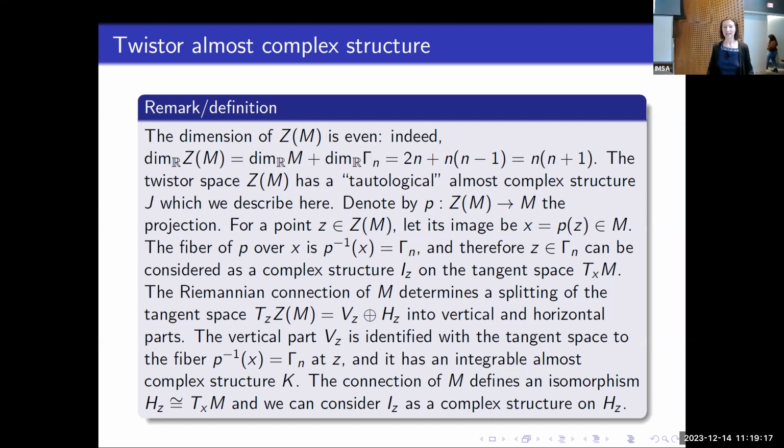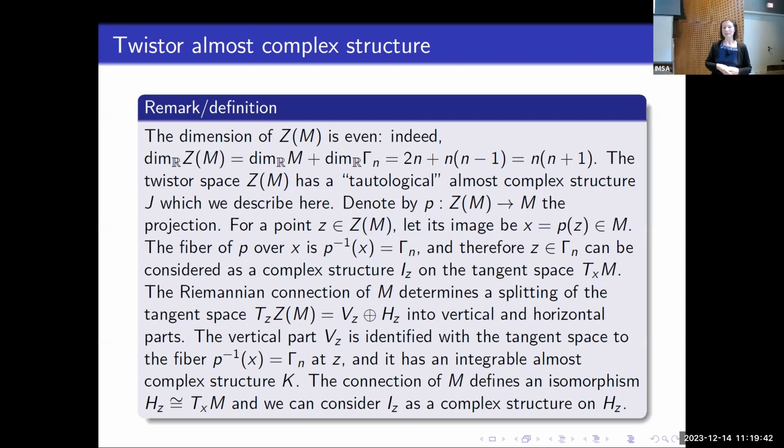So basically, what happens is that the Riemannian connection of M determines the splitting of the tangent bundle into vertical part and horizontal part. And on the vertical part, where you have this Γ_n, you can take the complex structure of Γ_n of this symmetric space.